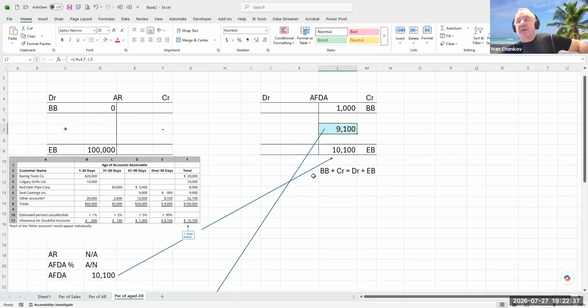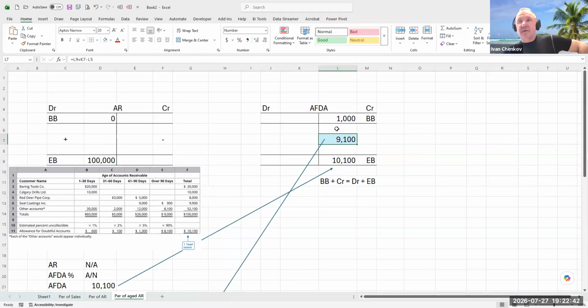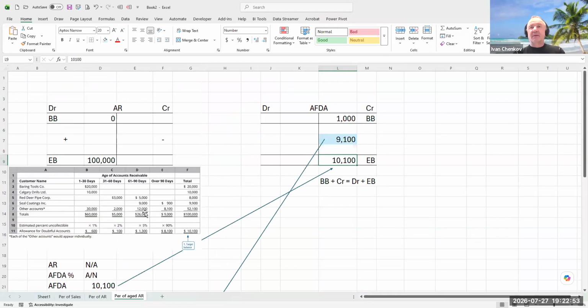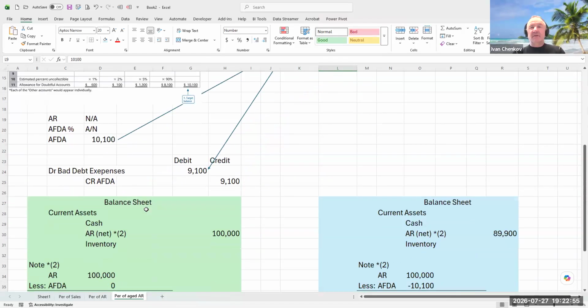So we have to make a manual adjustment for the journal entry, which brings the beginning balance to the current estimated ending balance, which is 10,100, and that triggers the journal entry for bad debt expense and allowance for doubtful accounts.